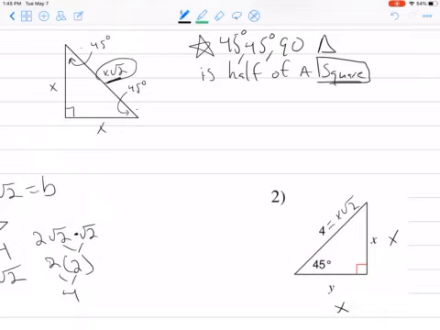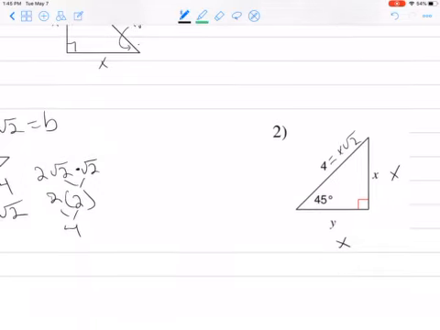Yeah. So if x times root 2 is equal to 4, we want to figure out what is x. So basically, what number times root 2 is equal to 4? So I'm just going to solve this equation. 4 is x times root 2. So now I'm going to solve it for x.